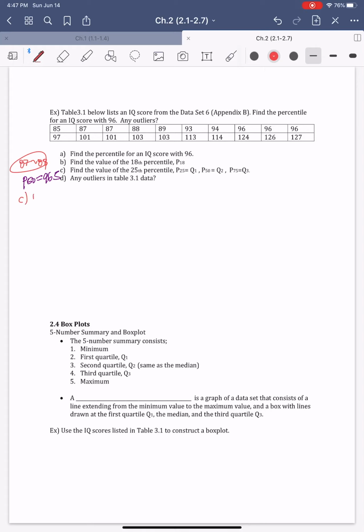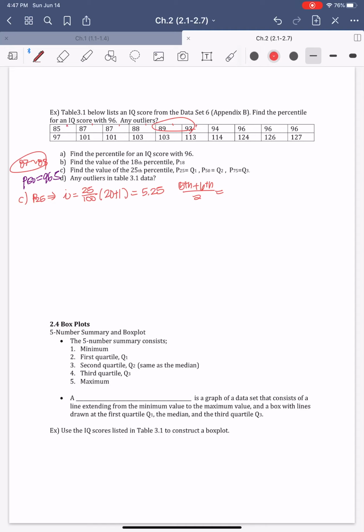So P sub 25. We first need to calculate the i: 25 over 100 times 20 plus 1, which is 5.25. Again, that's not a whole number, so I'm going to take the 5th and the 6th data values and average them out. 5th data, 1, 2, 3, 4, 5, 6.